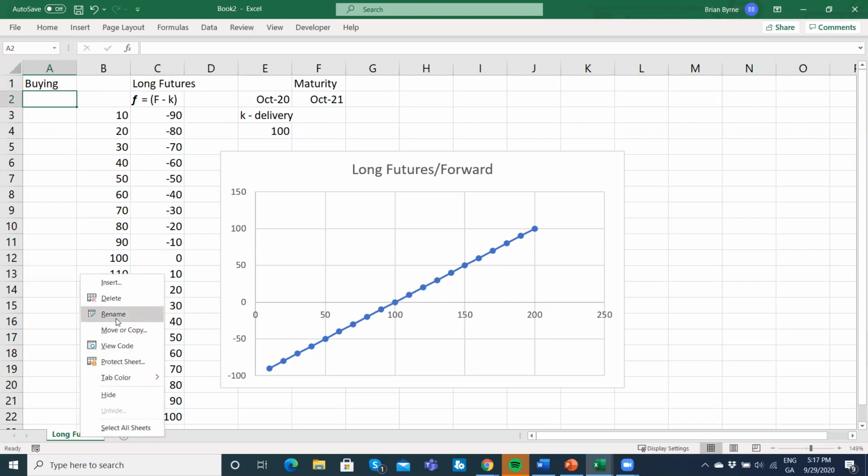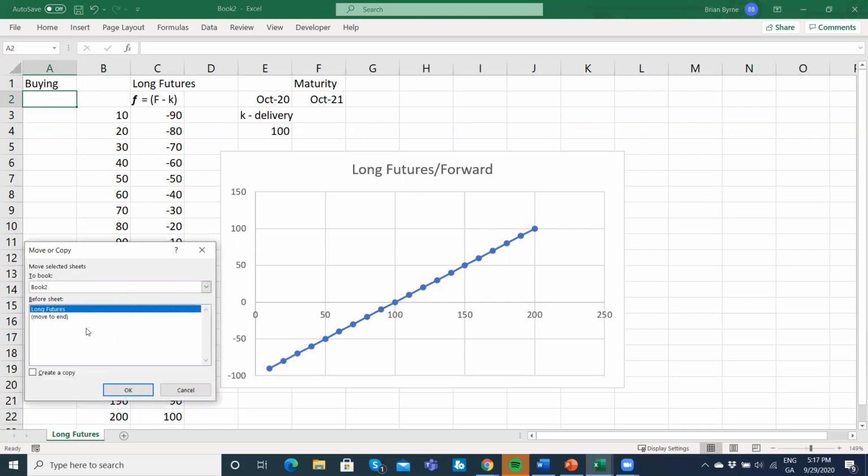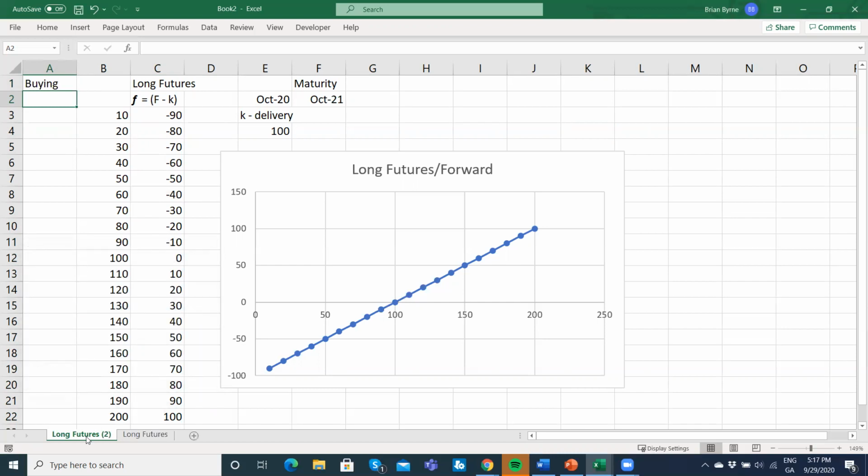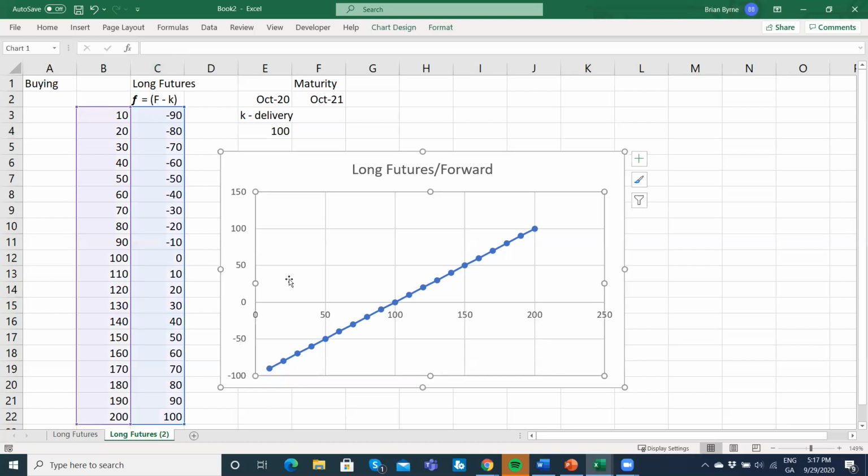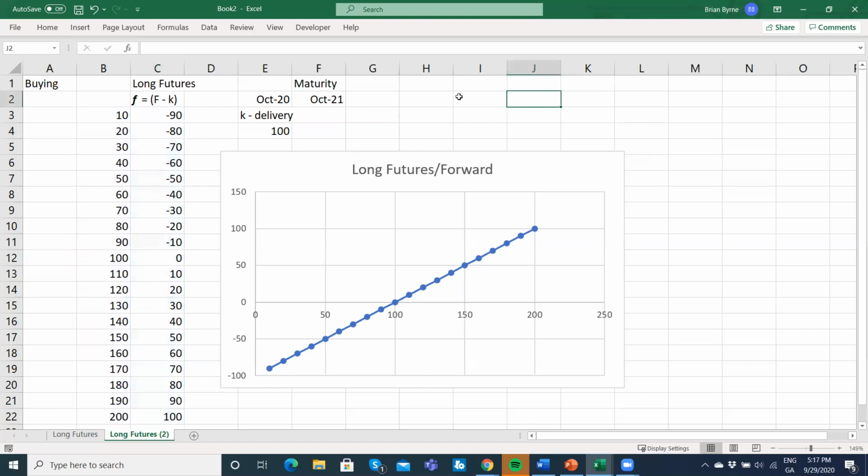To consider the payoff for a short futures, let's take our graph as we have here. We'll create a copy. That means when we go into the new worksheet, the chart is linked back to the payoff that we have here.